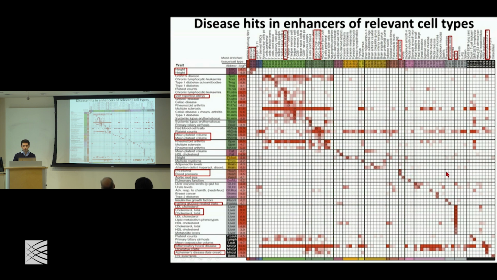Blood pressure, only heart, the left ventricle of the heart specifically. Cholesterol, specifically liver. Fasting glucose-related traits, very specific enrichment for pancreatic islets, completely consistent with type 2 diabetes biology. Inflammatory bowel disease, you see this broad enrichment for immune cells, given the inflammatory processes, and also for digestive tissues, which again makes a lot of sense.